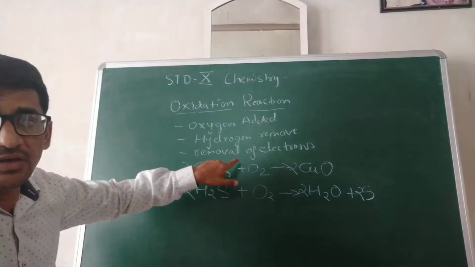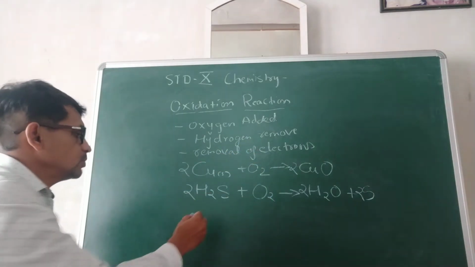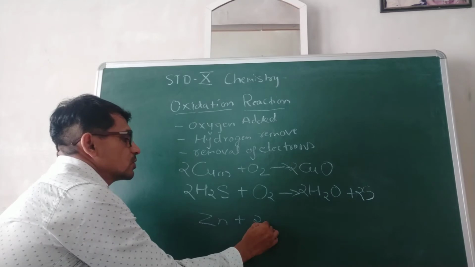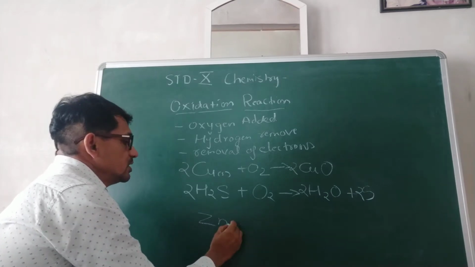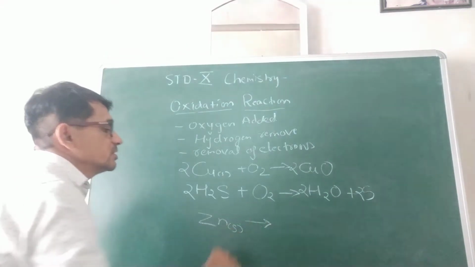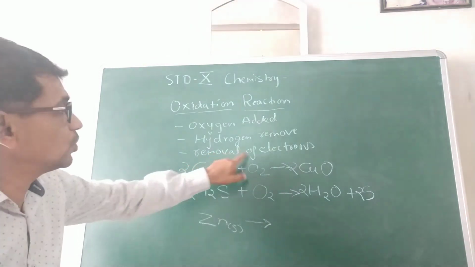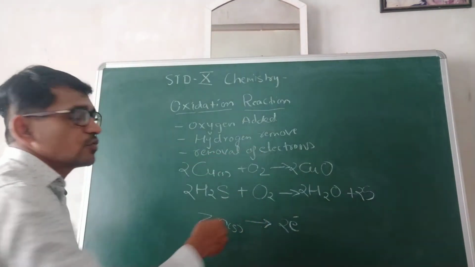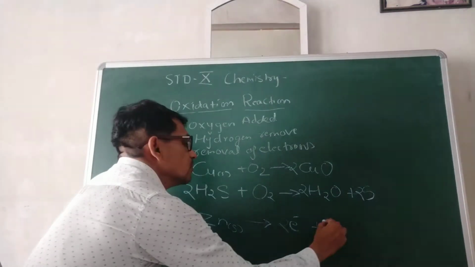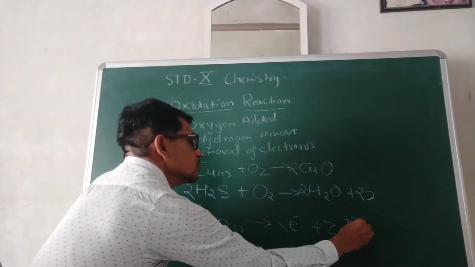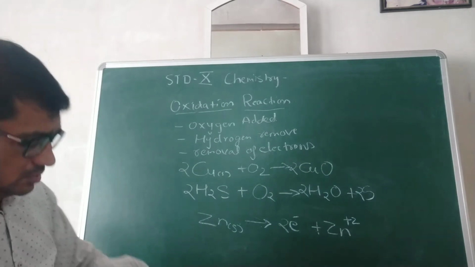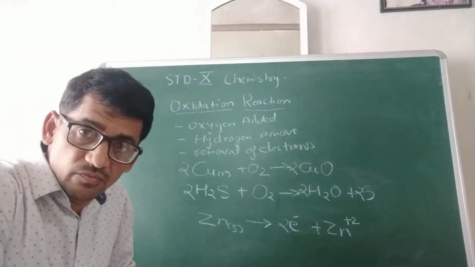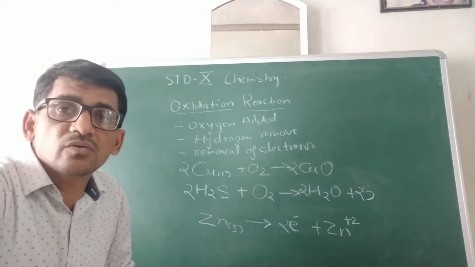In terms of the third definition, removal of electron. Suppose we take a metal, zinc, and we remove 2 electrons from it. Zinc in solid state, oxidation reaction means what? The definition says removal of electron. If you remove 2 electrons from it, then that metal is converted into Zn2+ plus 2 electrons. The question must be in your mind: why only 2 electrons are removed, why not 3?